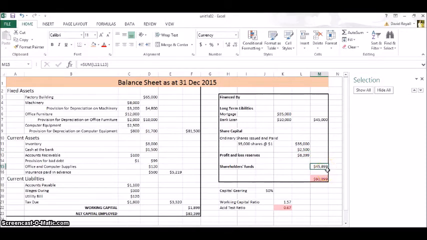The shareholders' funds will indeed be 45,899. Now you can see that the capital gearing has now dropped to 50%. But what do we do with this 2,500? Well, we call that share premium. In other words, we sold the shares for more than their nominal value because the market allowed it.